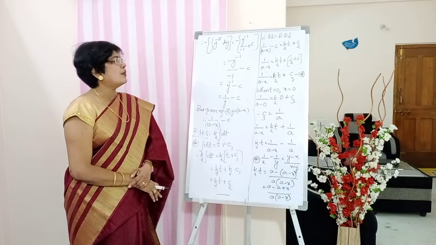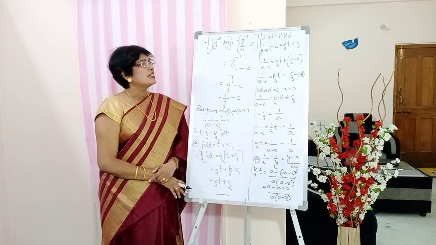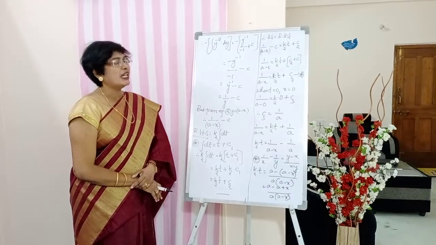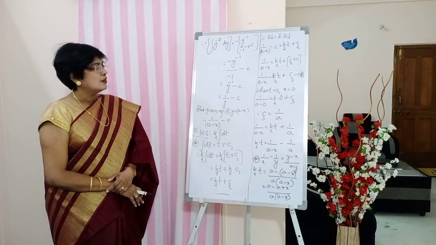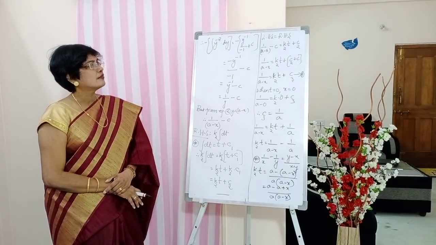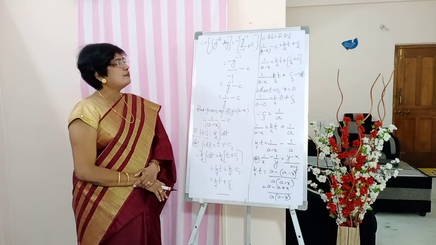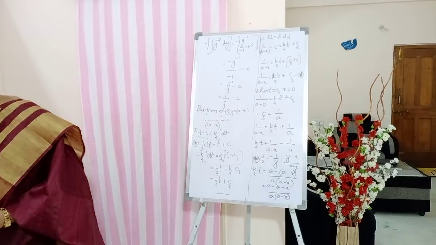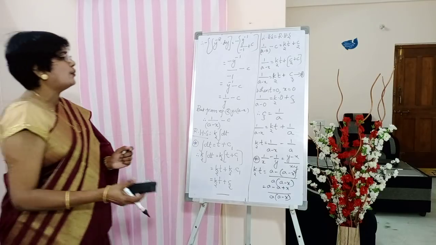So next step, 1 by a minus x is equal to k2 into t plus c3. c3 is a new constant. Mark it as equation number 3 or 4, students. Please check. If it is equation 3, write it as equation 3. If it is equation 4, write it as equation 4. Let me also check. Okay, I think it is equation 3.